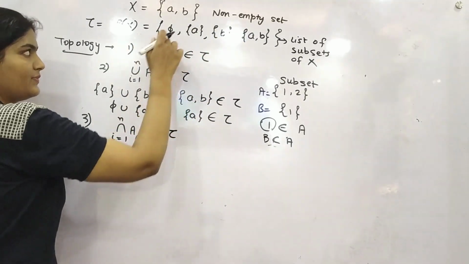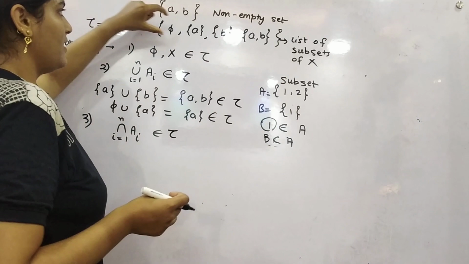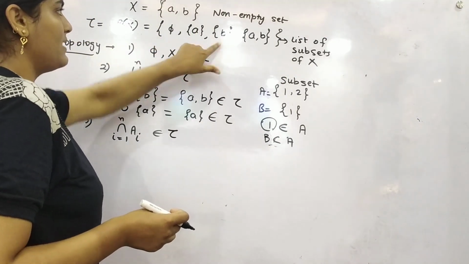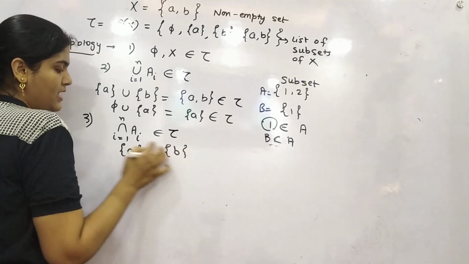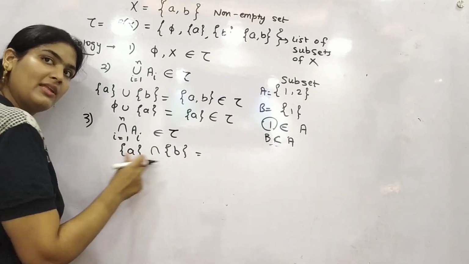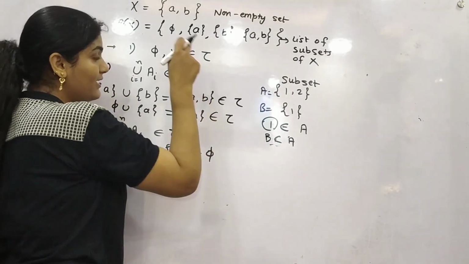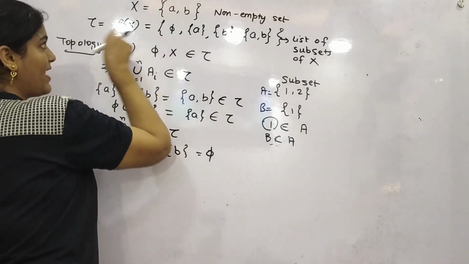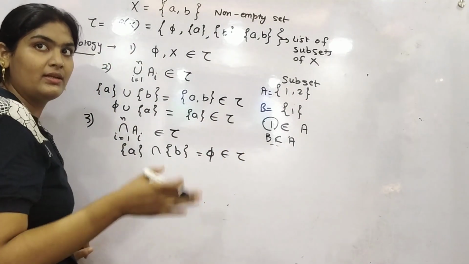Again, in this example, consider any two elements of this particular set, let's say A and B. Take the intersection; there is nothing common, so the intersection is phi. Does it contain phi? Phi is there, so phi belongs to tau. That means it is satisfying.